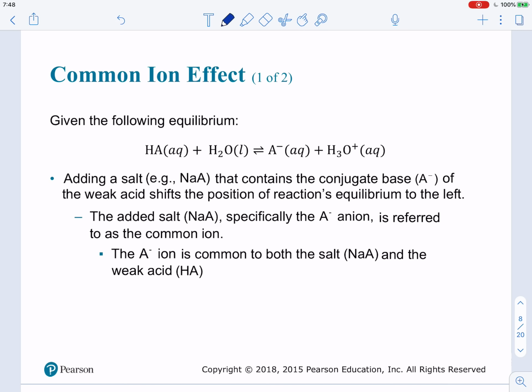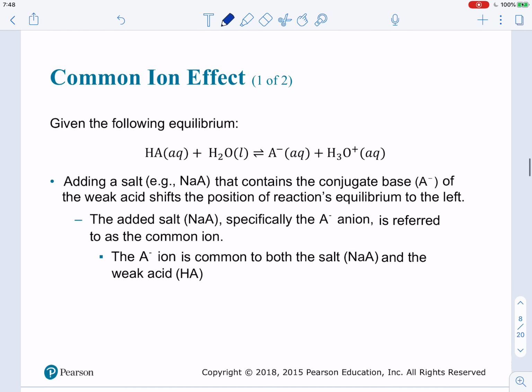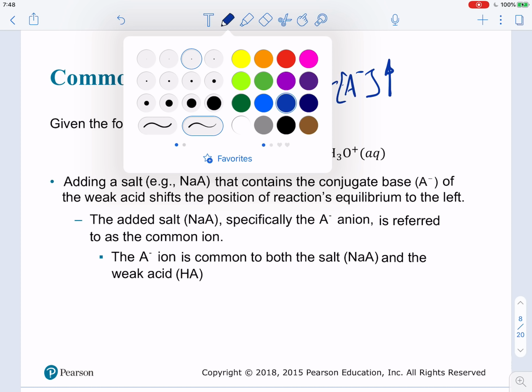So likewise, now we have our equilibrium again. This is the generic equilibrium that we've been talking about. We see what happens if you add acid, we see what happens if you add base. Now we have another situation: what happens if we add more A minus? How would the equilibrium respond?